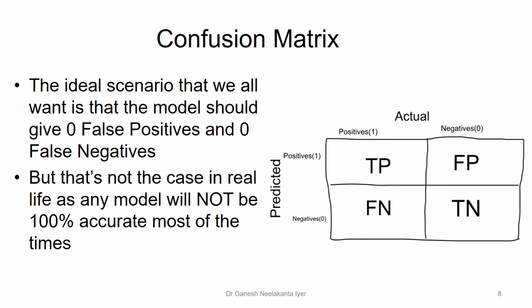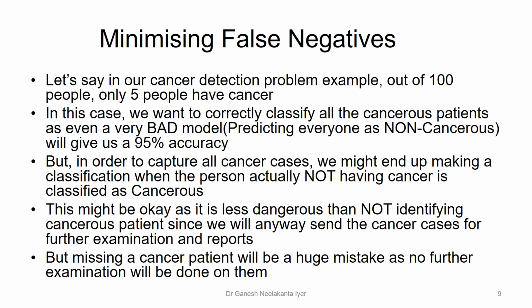So the ideal scenario that we all want is that the model should give 0 false positives and 0 false negatives. But in a real case, that will not be the case. We will have some false positives and some false negatives. Our aim is to evaluate how much of that is present and see if we can minimize it.